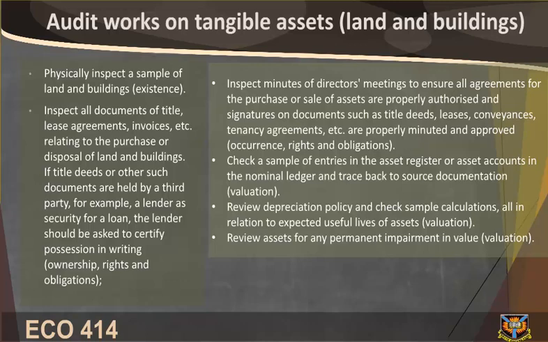Check a sample of entries in the asset register or asset accounts in the nominal ledger and trace back to source documentation. Valuation. Review depreciation policy and check sample calculations, all in relation to expected useful lives of assets. Valuation. Review assets for any permanent impairment of value.